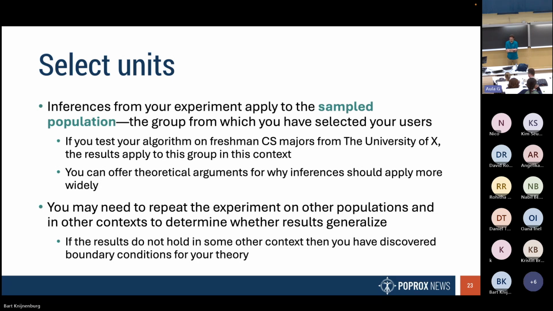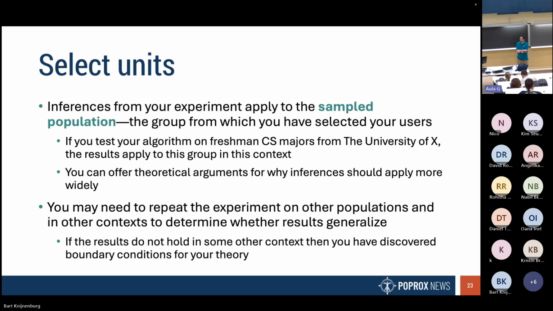When you're doing experiments, though, the focus is on establishing the cause and effect relationship for at least some population. Usually we will establish boundary conditions later. You'll establish that an effect exists, and at a later time it could be tested in other contexts, and you discover that maybe it doesn't hold in this other context.